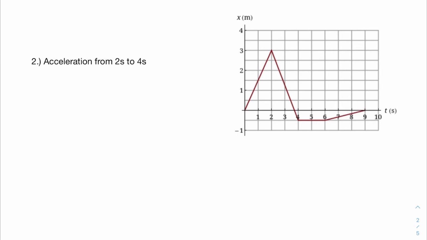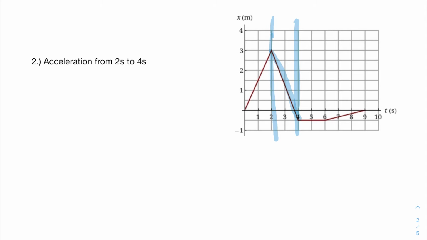Now moving on, we're going to try to solve the acceleration between 2 seconds and 4 seconds. So we're focusing on this part of the problem. Okay, so change in velocity over change in time.